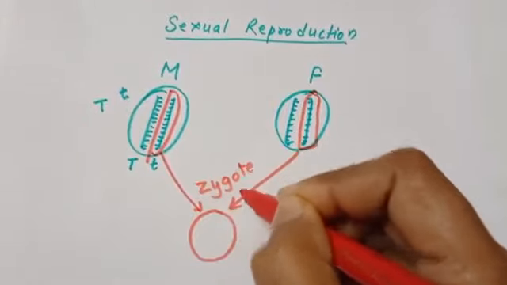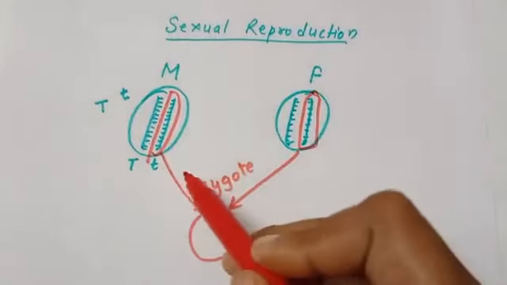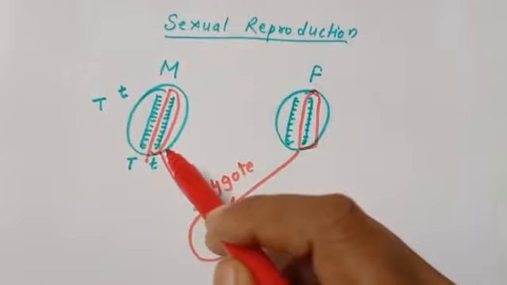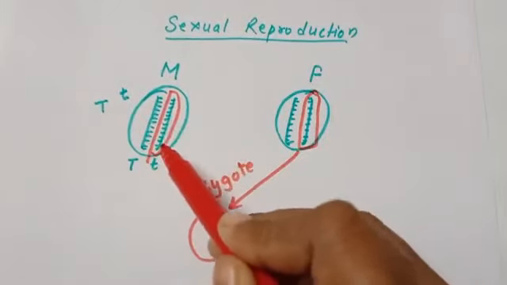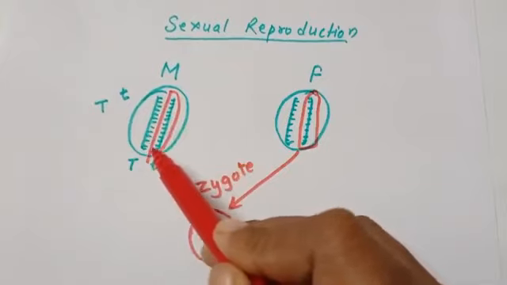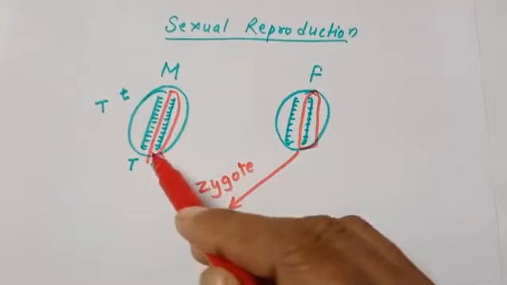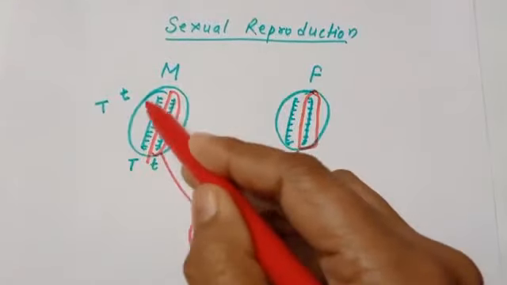Which half fuses with which half of the sperm cell depends on the total number of sperm cells: half will carry this section and half will carry that section.